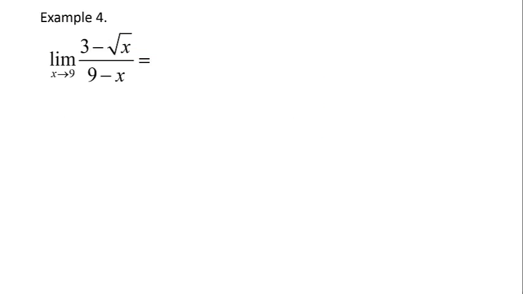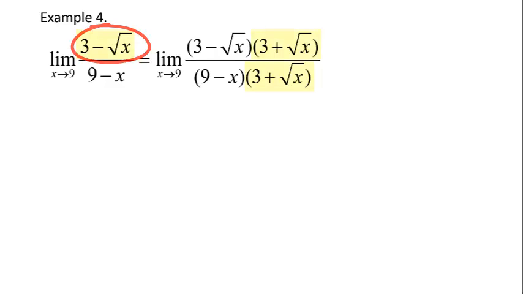I'm going to go to a fresh slide just to give us some room to work. Now, we want to find the piece of the function which contains the square root, either the numerator or the denominator. In this problem, it's the numerator, which has the square root. Now we're going to multiply on top and bottom by the same quantity, except we're going to change the minus sign to a plus sign.